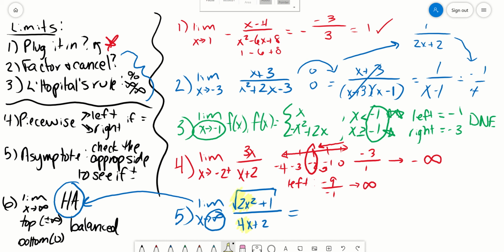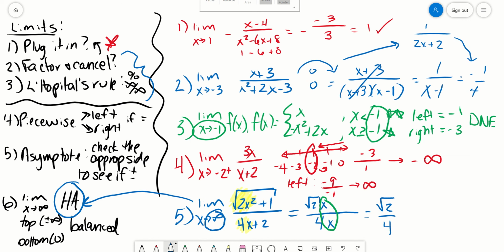Now the issue with the top is that it's underneath a square root. So on top, you take the square root of 2, and the square root of x squared is x. On bottom, what you're looking at is that 4x. We see these powers are the same, so that means it's balanced. So we do the fraction of the leading coefficients, and you get the square root of 2 over 4.